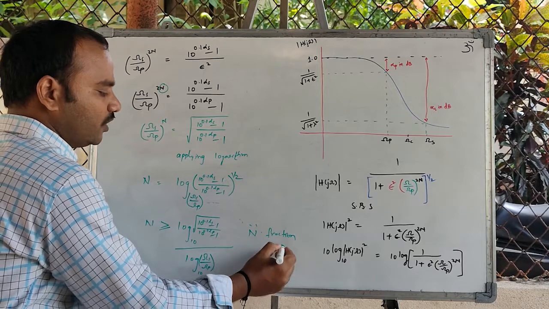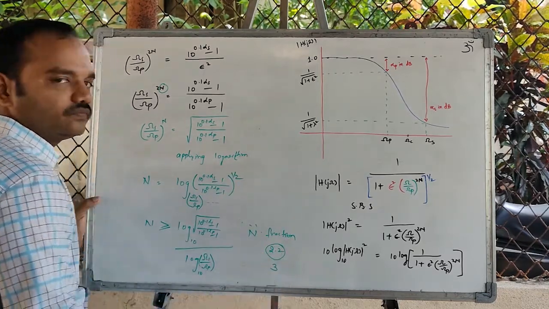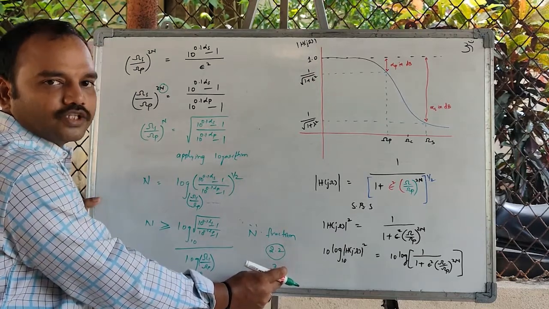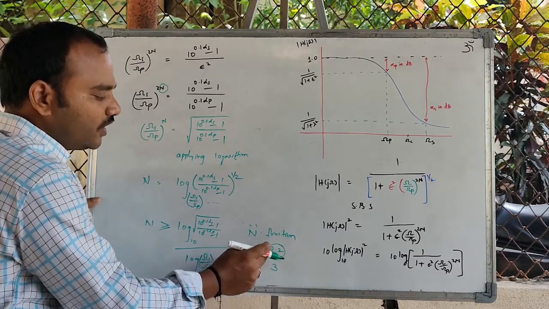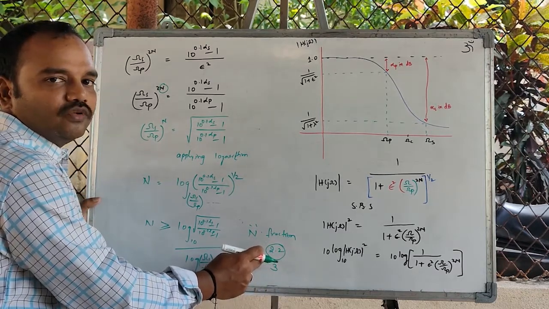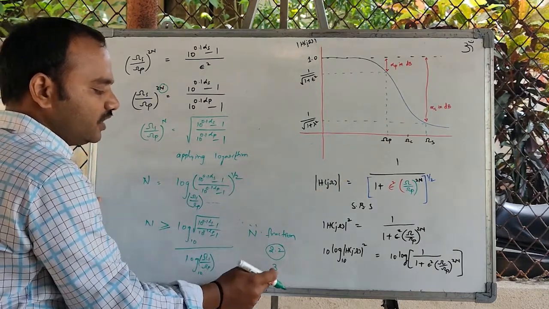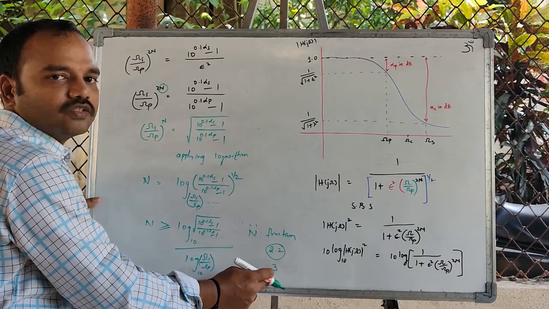What we will do is round this one to the next higher integer, that is 3, because the order of the filter will be only an integer, not a fraction. So we cannot go to the lower value because it will reduce the filter performance. We will go for the next higher order so that the filter performance will be preserved.